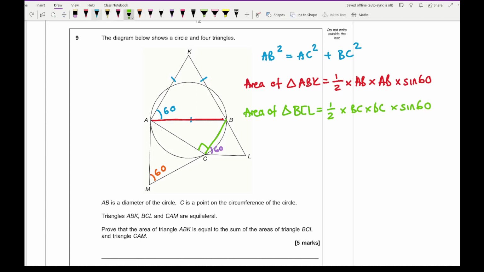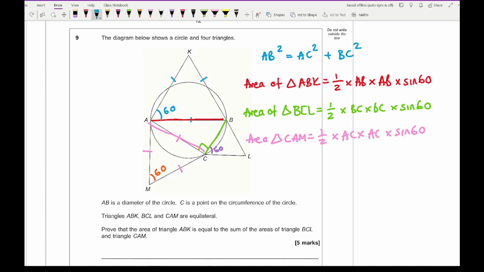And then moving on to the next triangle, so we've got this triangle here, that we know the area of CAM is going to be equal to a half times, and that line there is AC, so it's going to be AC times AC times sine 60.